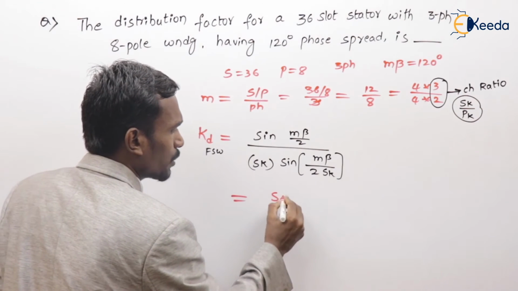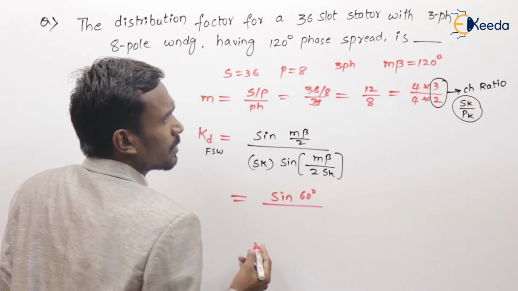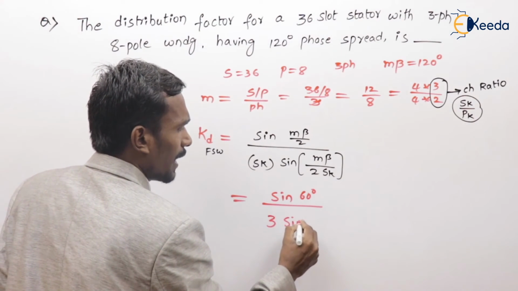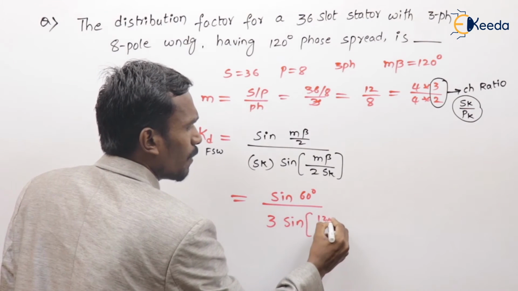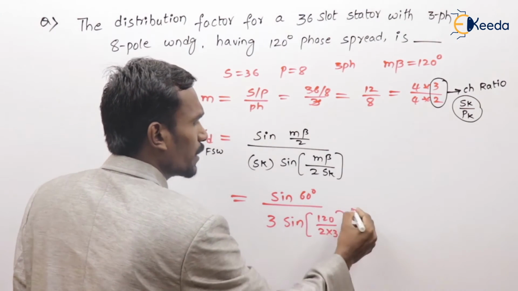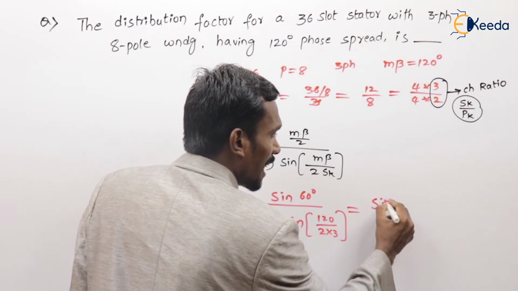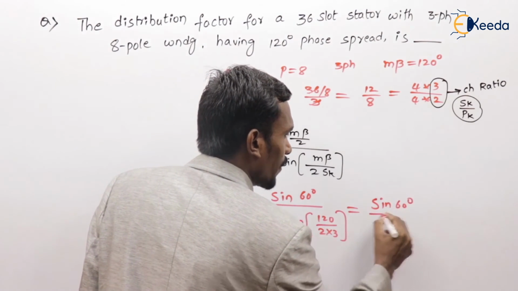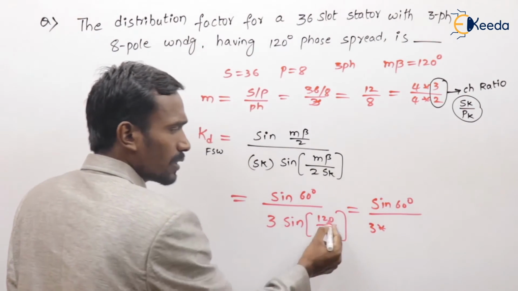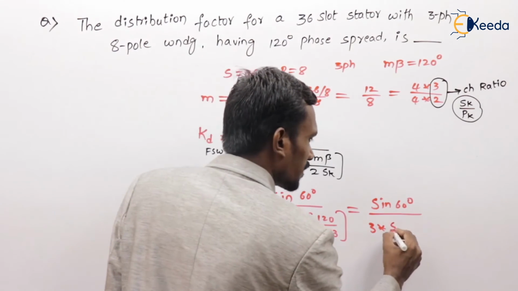Sine M beta by 2, nothing but sine 120 by 2, sine 60, divided by SK which is 3, and sine 120 divided by 2 into 3. Nothing but sine 60 degrees divided by 3 into sine 20.